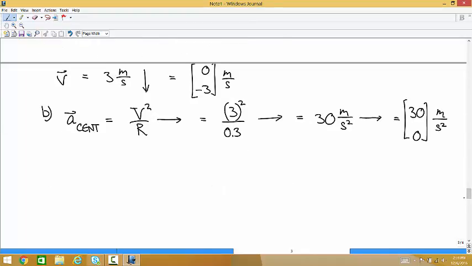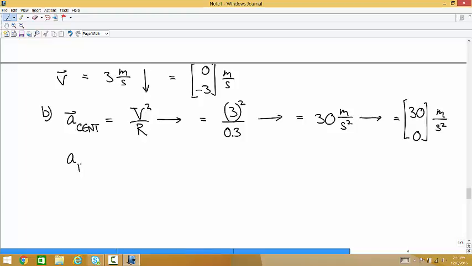And then the tangential acceleration, we have one of those equations for. The tangential acceleration magnitude is the absolute value of the angular acceleration times r. So that's 5 times 0.3, or 1.5 meters per second squared.